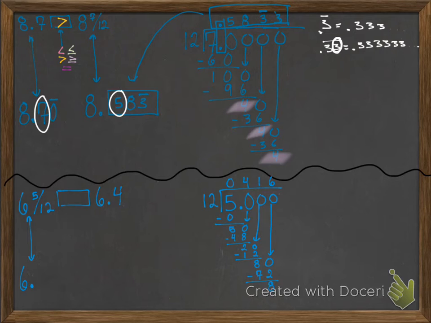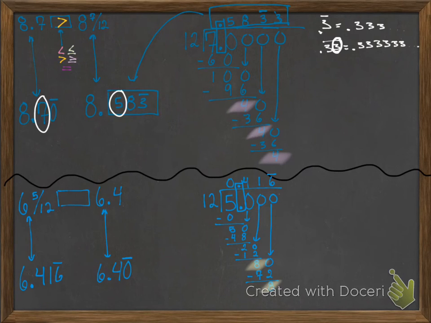So I see 8, I see 8 again. I know that 6 is going to repeat now, so I'm just going to put my decimal up, put the bar over the 6. 5/12 is the same thing as 0.416, 6 repeating. So 6 and 5/12 is 6.416 repeating.